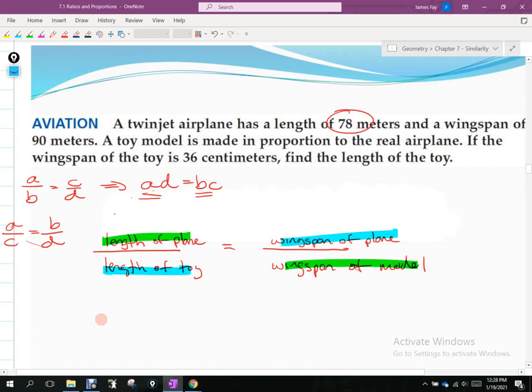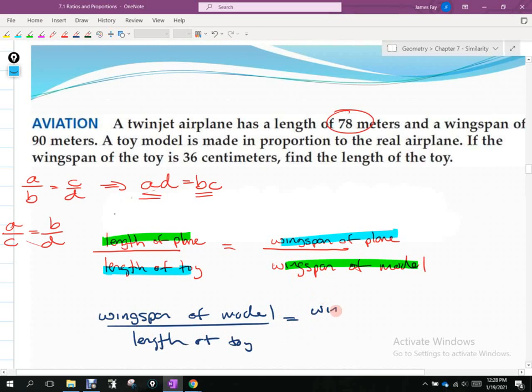So I could write here wingspan of model over length of toy is equal to wingspan of plane over length of plane.